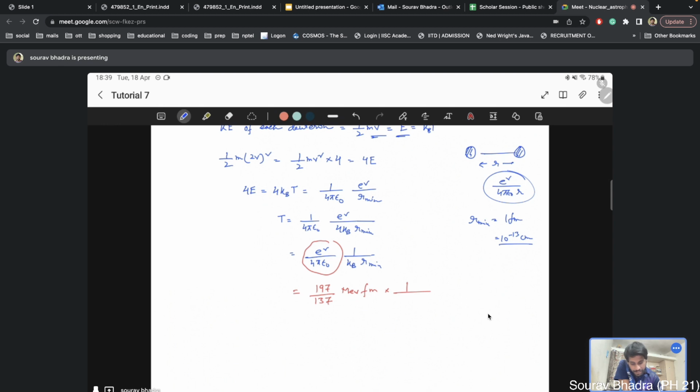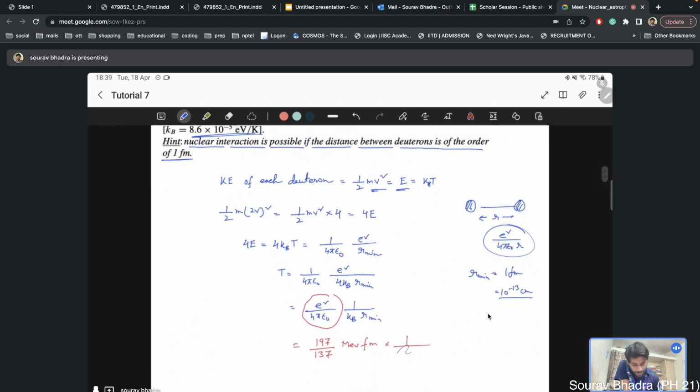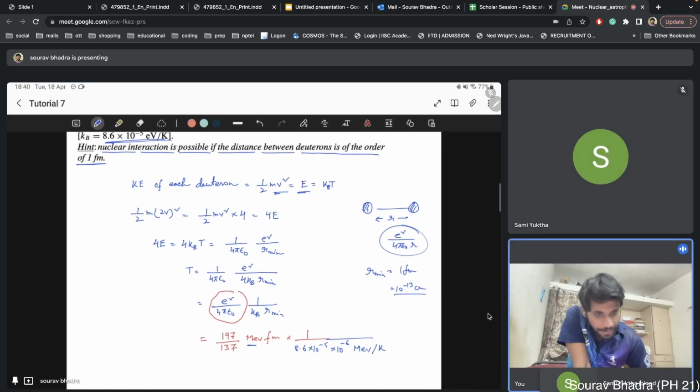And kB is given as 8.6 times 10 to the power minus 5 in eV. So it is in eV and here it is in MeV. If I want to cancel out, then I can convert that eV to MeV by multiplying with 10 to the power minus 6, so it will come in MeV by K, and again the r minimum is given as 1 femtometer.